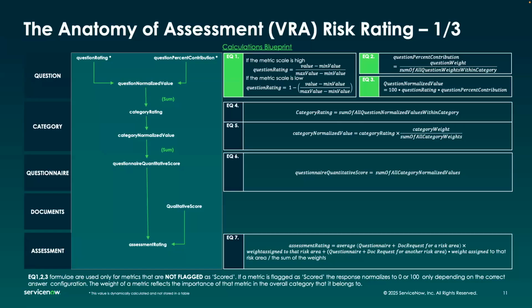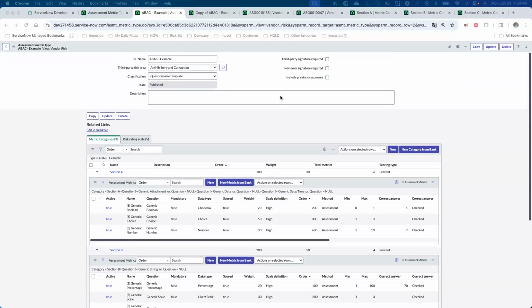So that is how the first assessment works.